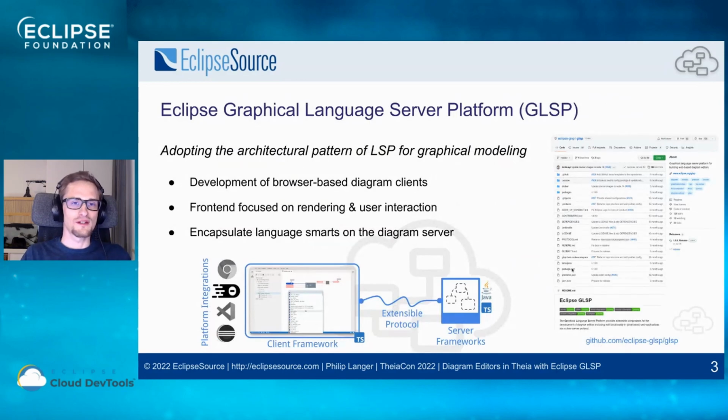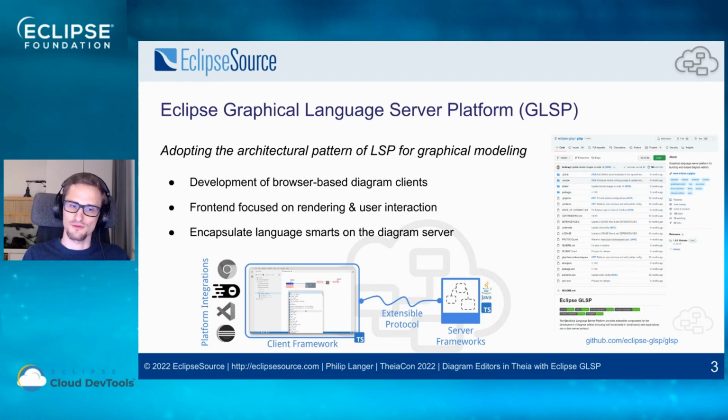Eclipse GLSP does that by adopting the idea of the language server protocol, which is hugely popular and more or less the de facto standard for building programming language support in modern tool platforms. But of course, GLSP applies this architectural pattern to graphical modeling in order to unlock the same benefits, which is basically enabling the development of browser-based diagram clients, where the front end is really focused on rendering and user interaction, and the back end really encapsulates the language smarts.